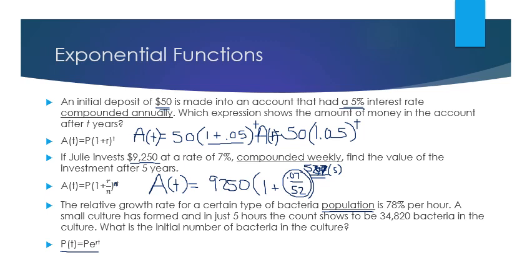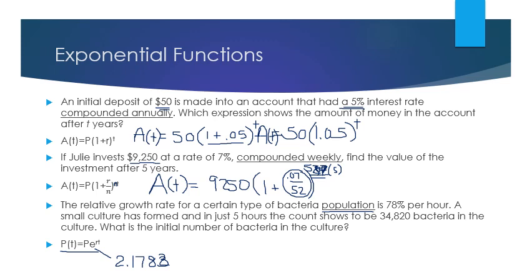E is a constant that we use, and it's kind of like pi. It just has a value, but it never ends. It's an irrational number. But we use an approximation for it, and it is in your calculator, approximately 2.71828.